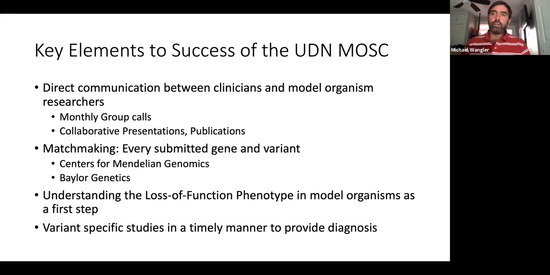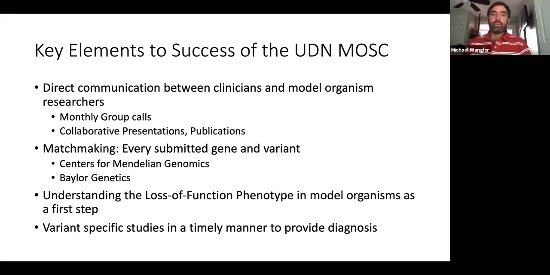Also in rare disease, it's probably obvious to many people, but matchmaking is crucial. So the UDN selects for these N of 1 cases that are the most difficult cases to solve. And often what you need then is to go find others that have very similar clinical presentations with variants in the same gene.